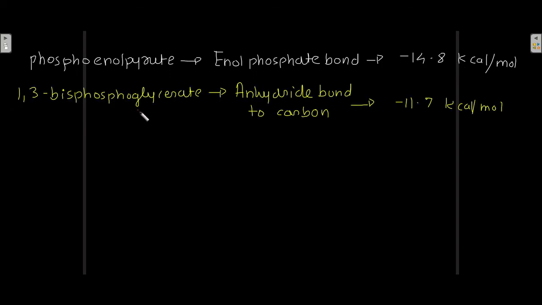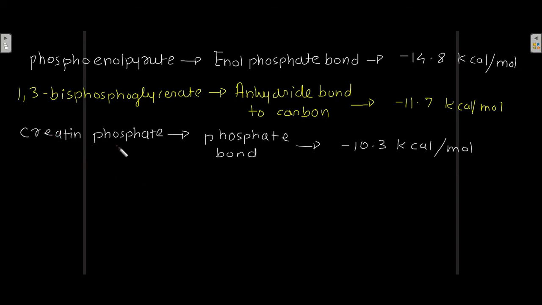Now this compound, 1,3-bisphosphoglycerate, has an anhydride bond to carbon which has minus 11.7 kilocalorie per mole of standard free energy. Now your creatine phosphate has a phosphate bond which has a standard free energy of minus 10.3 kilocalorie per mole.